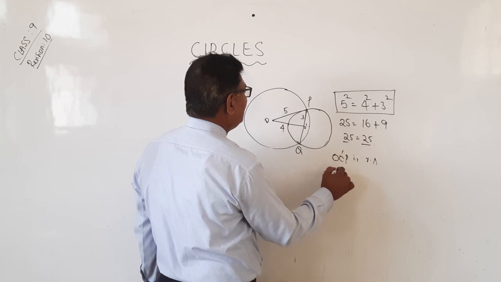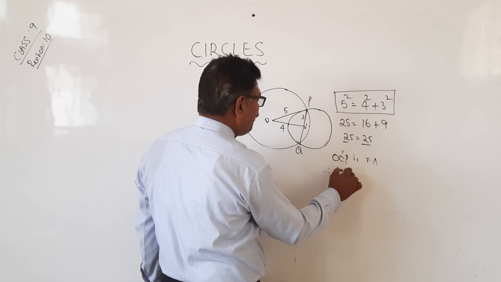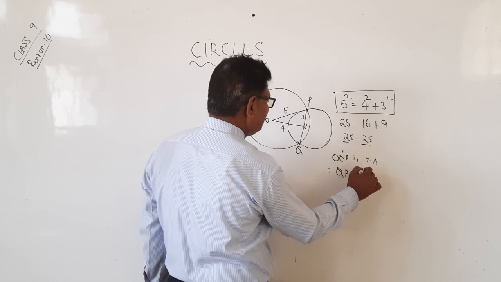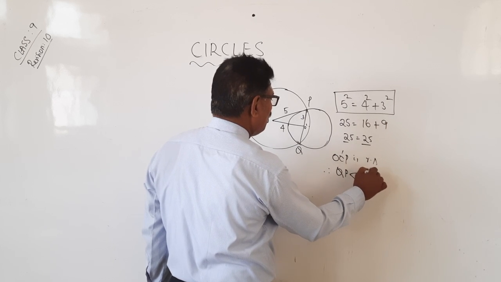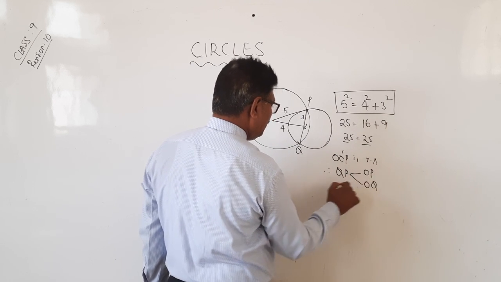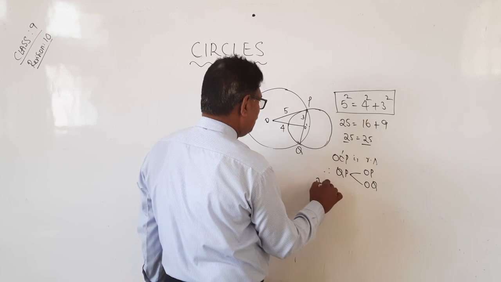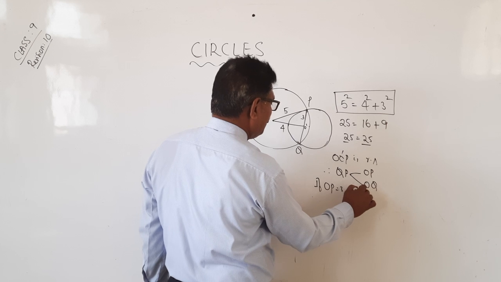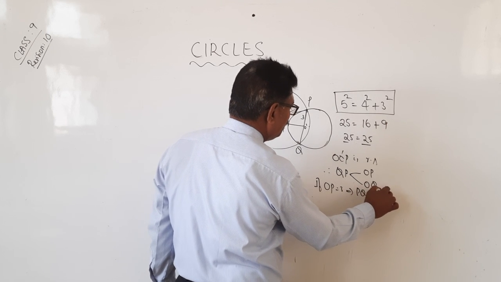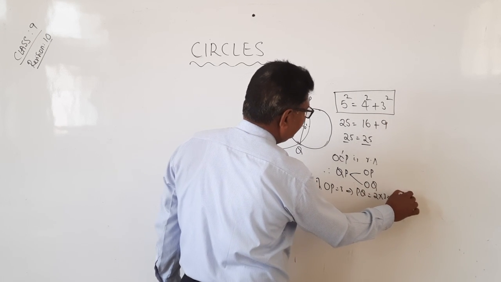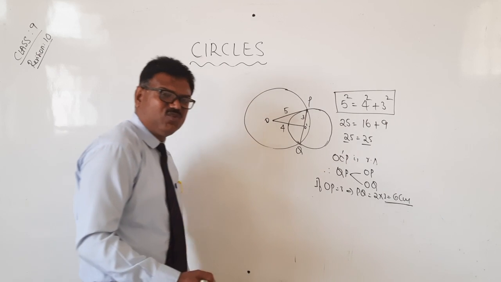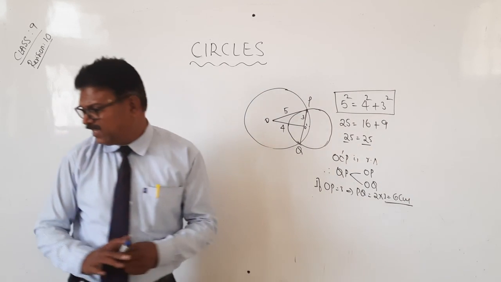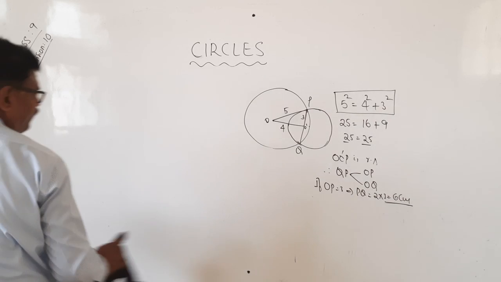Therefore, PQ will be divided into two equal parts. If OP equal to 3, then PQ equal to 2 into 3, that is 6 centimeters. Like this, we have to find out the length of the chord. Did you understand? Clearly, please take the proof.